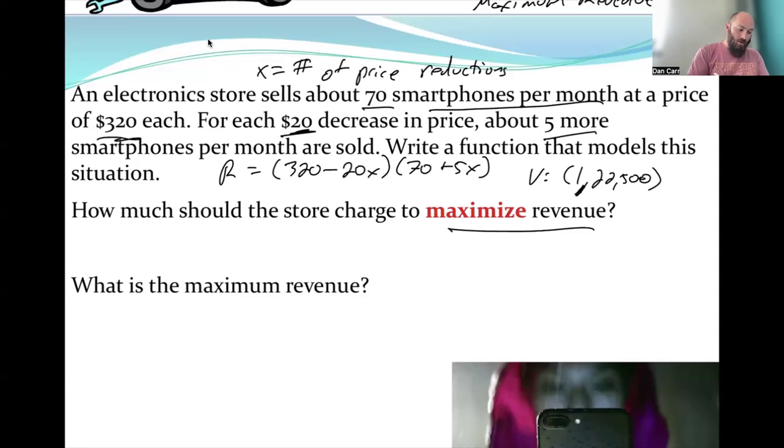Okay, so how much does the store charge to maximize the revenue? Remember, X is the number of price reductions. So that means we start at 320, they should charge 320 minus 20 times 1, which gives me, well, 320 minus 20, so $300.